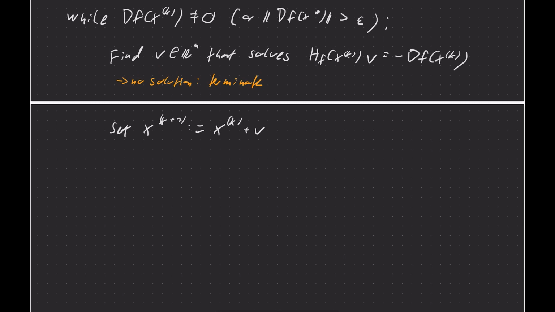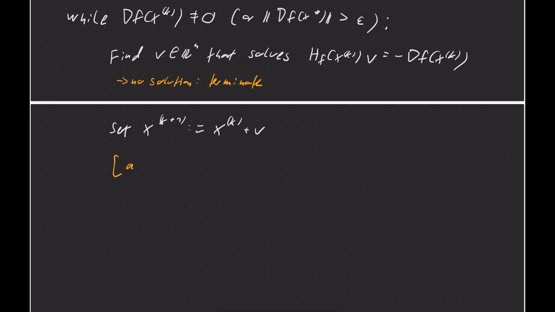So we move to the minimum of that local approximation. And similarly to gradient descent, of course, we could also say, well, let's maybe not move the whole way to this local minimum because it may be too far away and the approximation may not be that good anymore. So let's just move a little step in that direction. It's probably a good idea to move in that direction, but maybe not just that far.